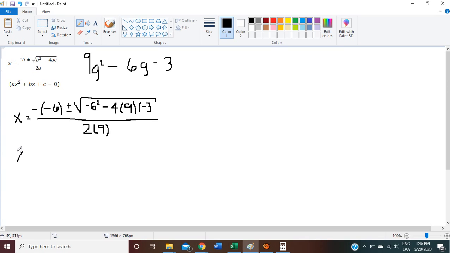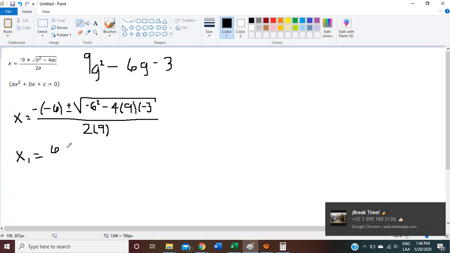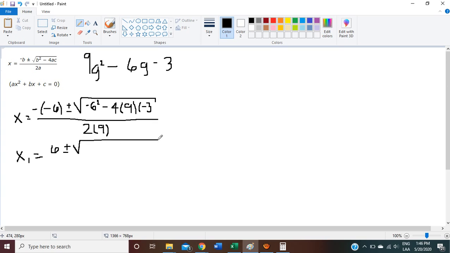So again, we're going to solve whatever we find first. So negative times negative equals positive 6 plus minus the square root, and negative 6 squared is going to be 36 positive.